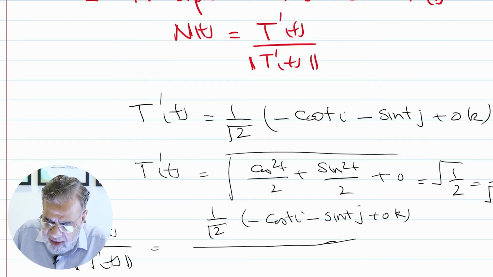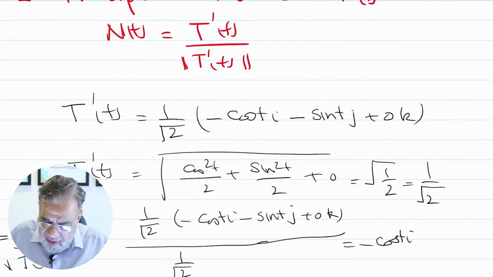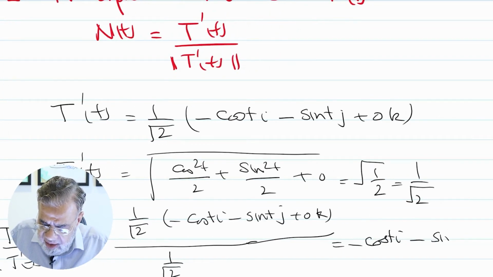You can write 0 times k or you can leave it. 1 upon root of 2 divided by this one is cancelled, and we simply get minus cosine t i minus sine t j, and that's my N of t.